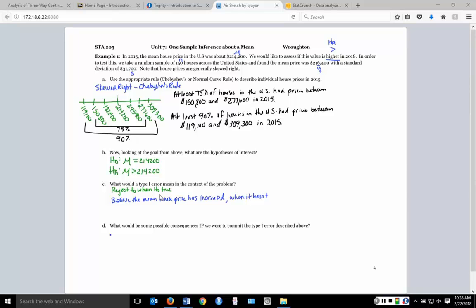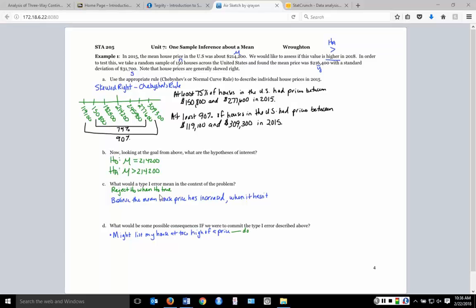So one thing that I might do, if I'm someone who is wanting to sell my house, then I might list my house at too high of a price. Which one of two things could possibly happen here then?